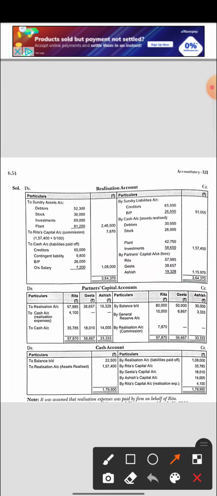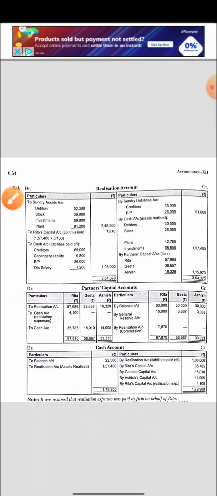Let's start this way. Okay, so basically, what is the idea of putting this? Why are you putting these assets here? Because you want to sell them off. Okay, so if you want to sell them off, you have to have a price. Okay, you cannot simply sell them at the same rate. No, they were 52,300. You cannot sell it for 52,300 again.